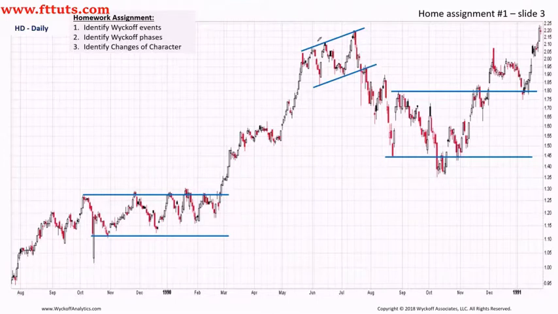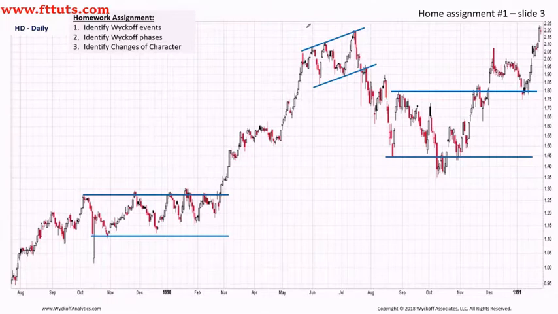Okay, let's look at the distribution range. So what catches your eye there? It's an upsloping trading range. That's the first feature that strikes me. And after that is the buying climax.